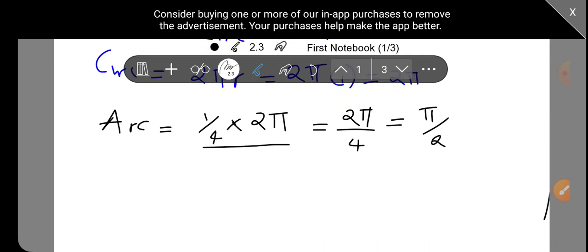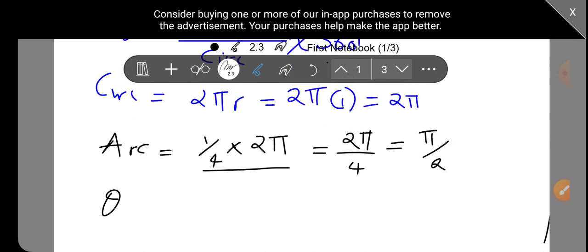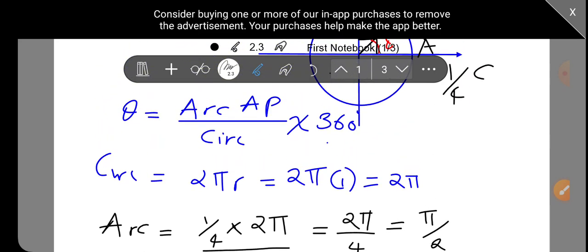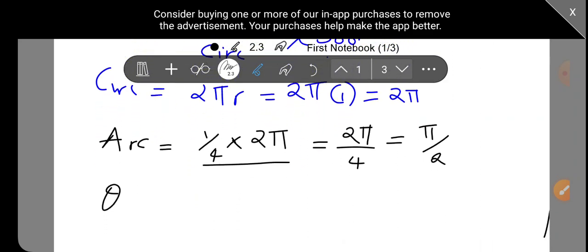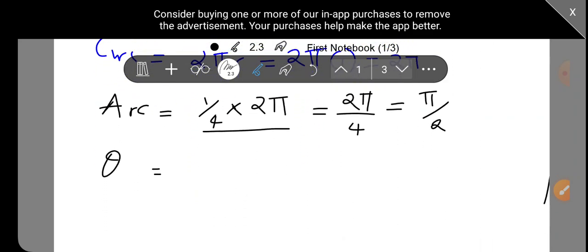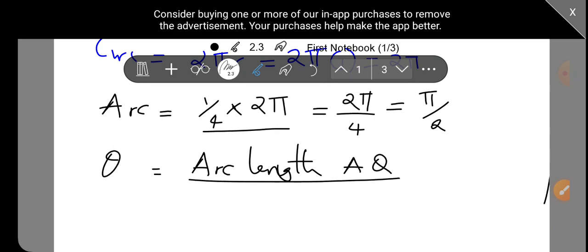So for me to find the theta here, from this formula, we're saying the formula is arc length over circumference. But here it will not be AP, it will be AQ, right? So that means theta will be equal to arc length, in this case AQ, over circumference.